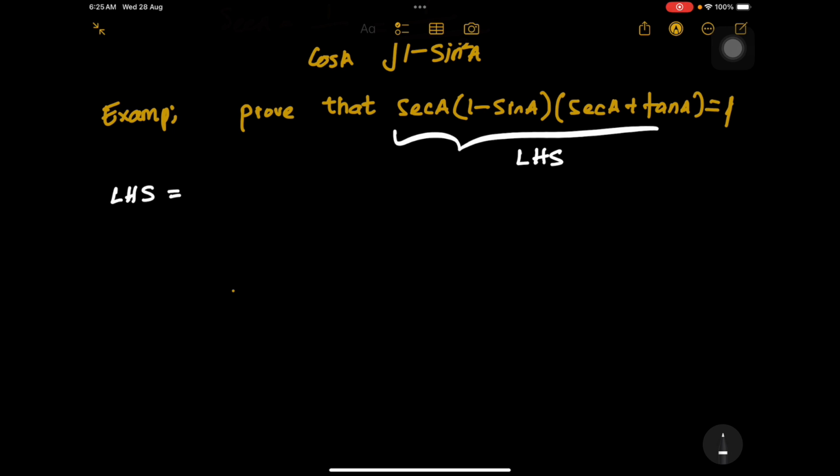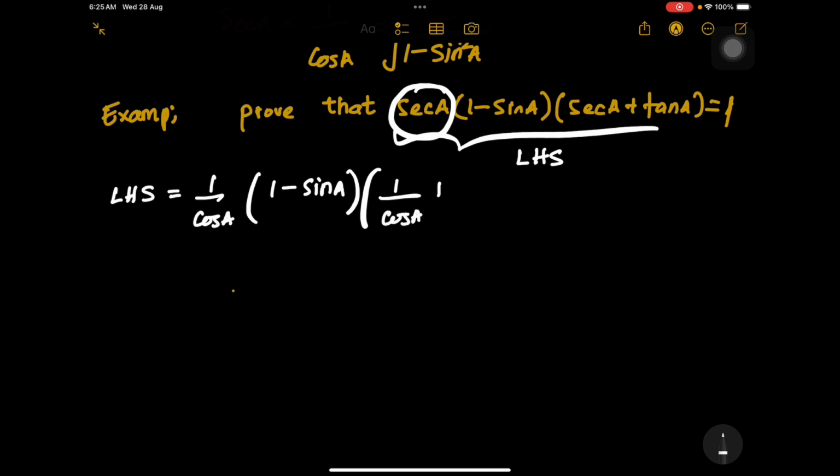In this case, I'm going to make everything into sine and cosine, which is better for an easy calculation. So sec A, I'm going to change to 1 over cos A. Let this one be as it is, 1 minus sin A. Sec A again is going to be 1 over cos A. Then tan A is going to be sin A divided by cos A.